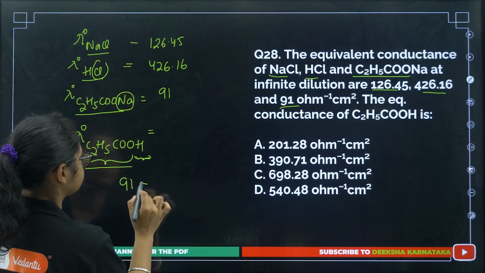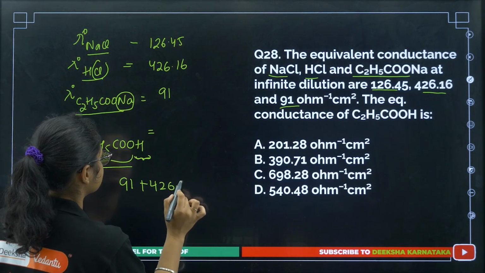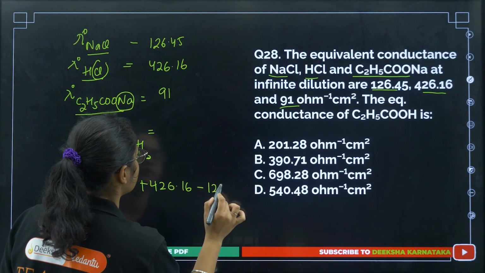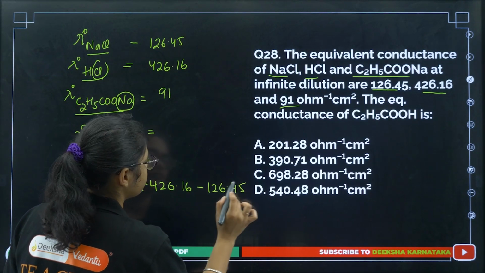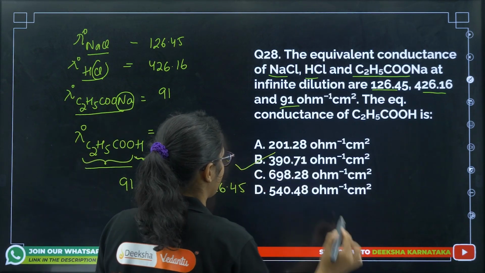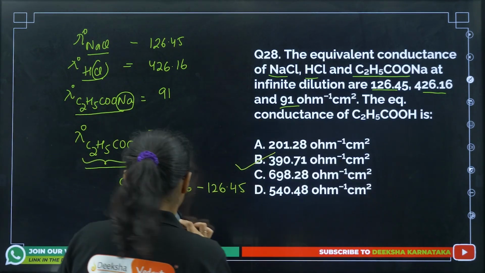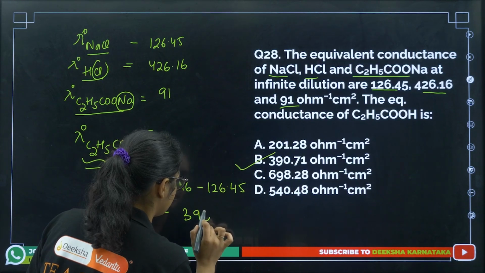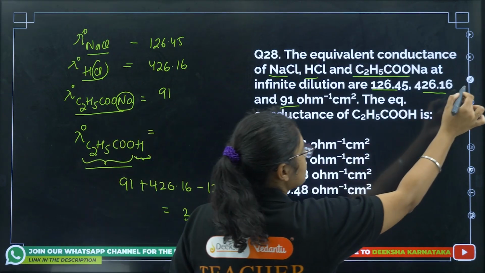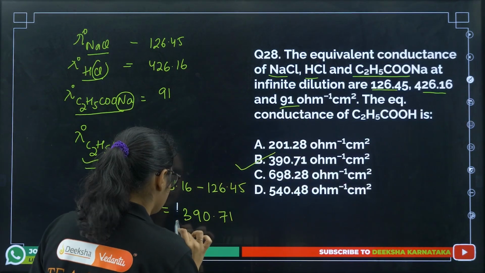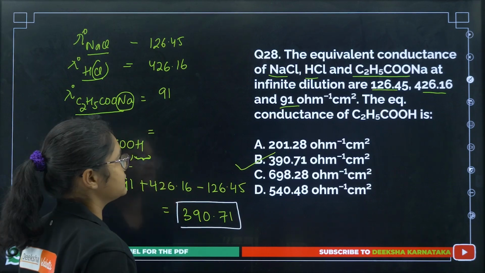So what I need to do is add 91 plus 426.16 minus 126.45. If you solve this, we'll be getting around 390.71. Okay, so correct answer for this question will be option number B, that is 390.71. You can do the calculation and check by yourself. Okay, so this is the answer here.